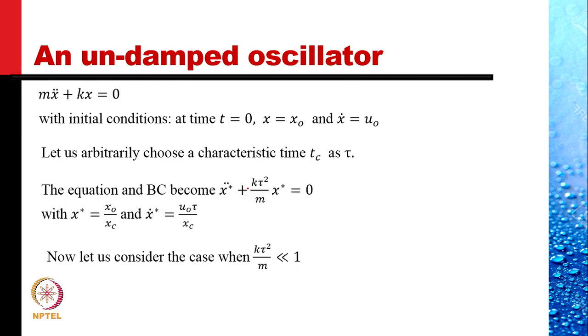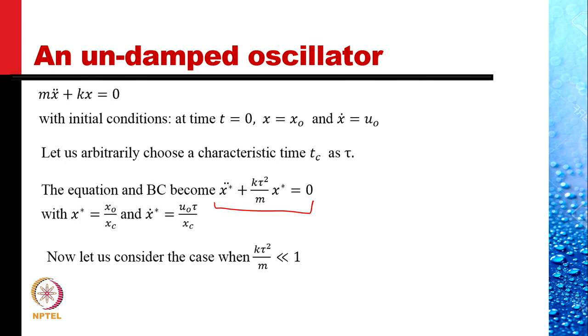Let us choose a characteristic time tc arbitrarily as tau. The equation and the boundary conditions become x star double dot plus k tau square divided by m, x star, is equal to 0, with x star equal to x naught by xc that we defined earlier, and x dot star equal to u naught tau by xc.